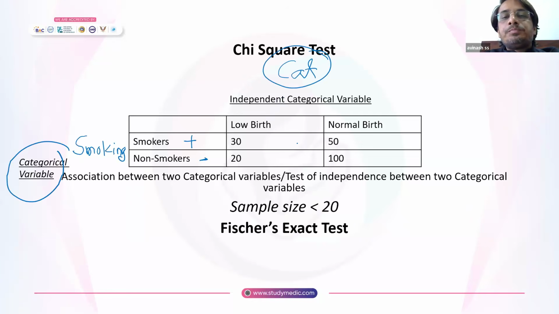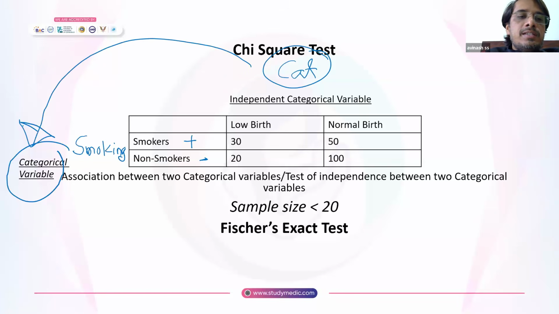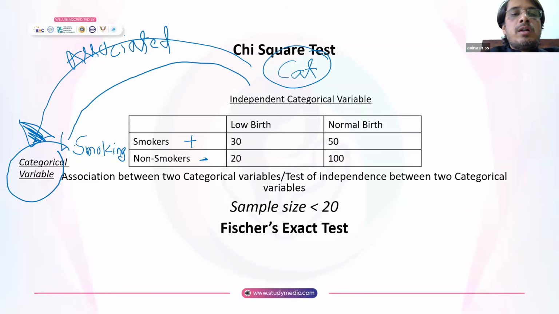Now, if I want to know whether the birth weight status is associated with the smoking status of women, or whether the person will have low or high birth weight, that means whether the birth weight status is independent of the smoking status.